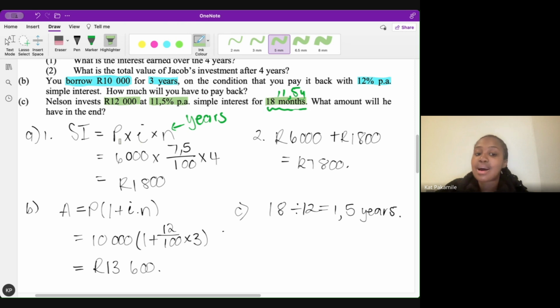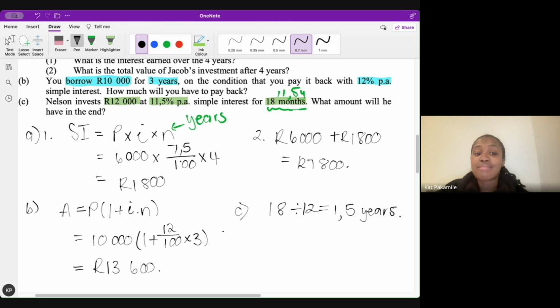Is this a SI calculation or an A calculation? We have a lot of contradiction here. SI or A? It says, what amount will he have in the end? This is an A calculation, guys.